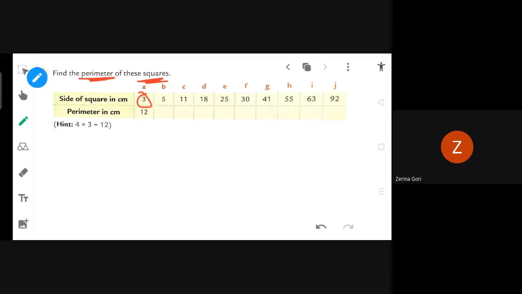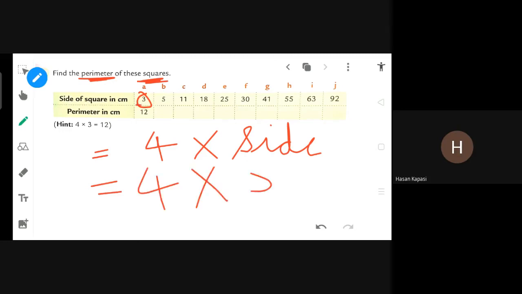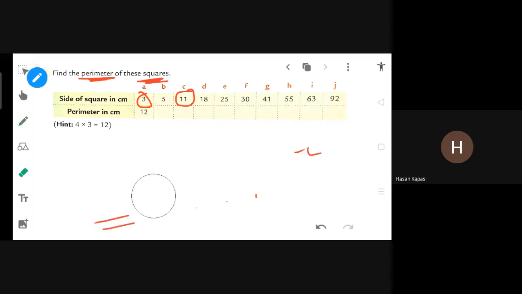So the formula is 4 multiplied by side or length of side; you can write anything. So 4 multiplied by 3 is 12. In the next question, 5 is given, so 4 multiplied by 5. Side is 5, means 20. And in the next question 11 is given, so there you have to put 11. 44. Okay? So you can try both questions in your rough book.